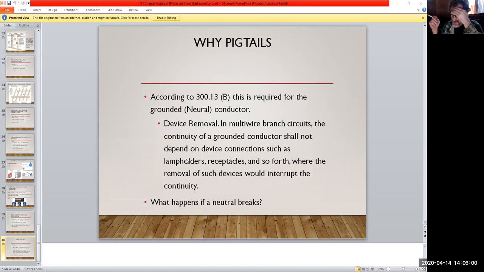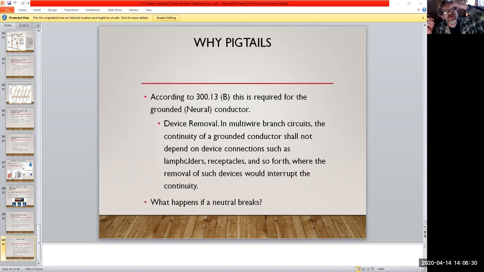And the reason being, there's a couple of reasons. Let's say you have a point where you have to disconnect or something like that, or the device fails. If the device failed and you're using it as a junction, right? What happens on the further leg is you all of a sudden have no power on that end. So with the pigtail, everything else doesn't rely on that device, is really what they're going for.